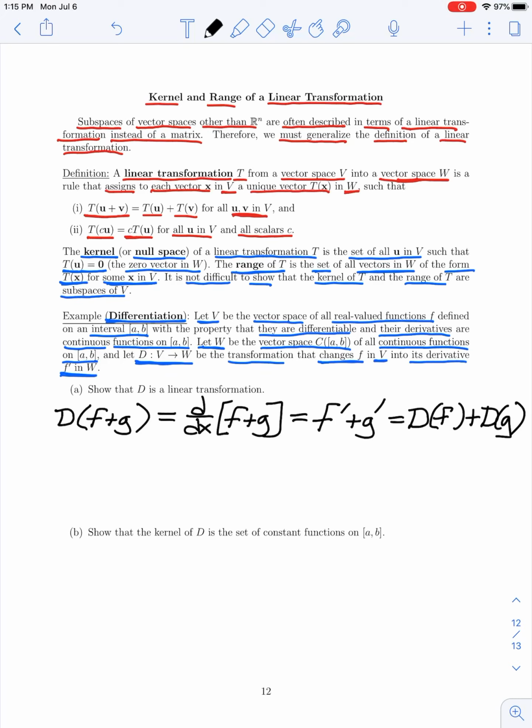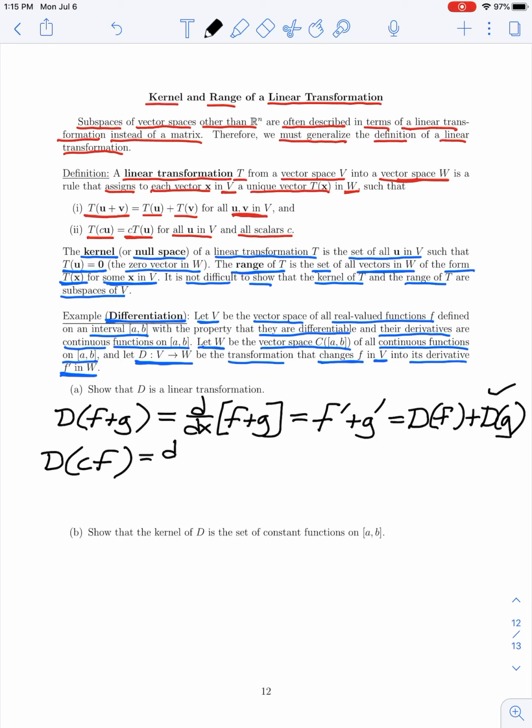Therefore, for this transformation, D of f plus g is the sum of D of f and D of g. Now the next thing that we have to show is that the transformation of a scalar multiple of a vector, let's say c times f, would be equal to c times D of f.